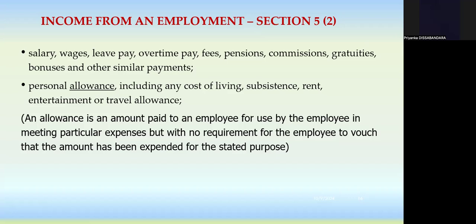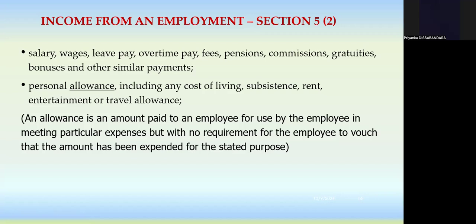First one is salary, wages, leave pay, OT, fees, pensions, commissions, gratuities, bonuses, and other similar payments. Other similar payments means any income received from our employer should be categorized under this type of income.